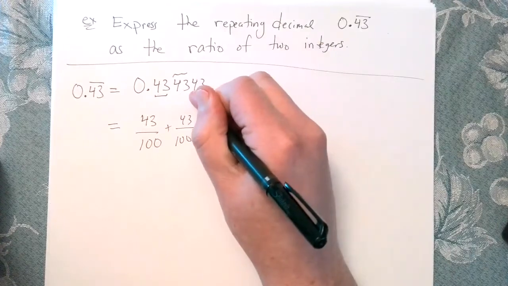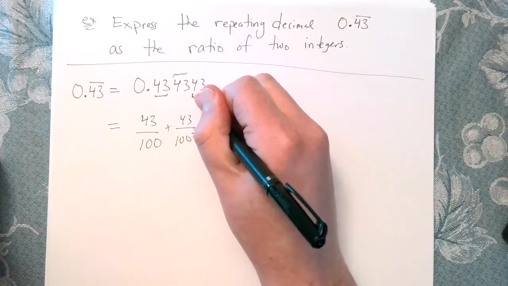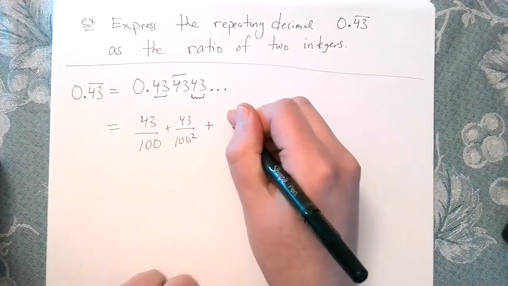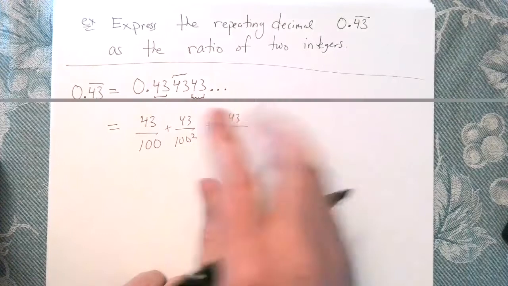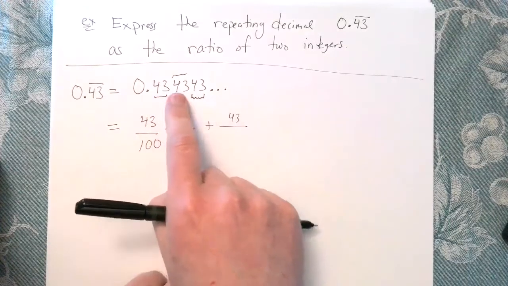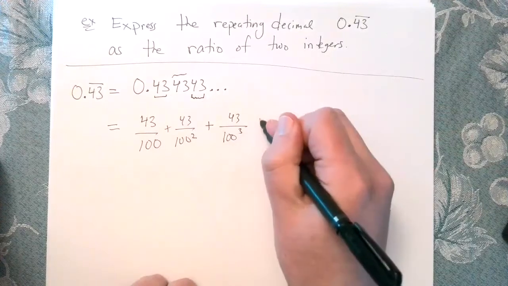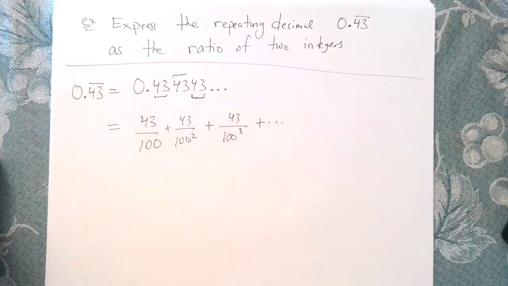And then here, in terms of the place value, 100 to the first, second, third place, and so on. Notice that we've got this common ratio of 43 over 100. That makes this an infinite geometric series.